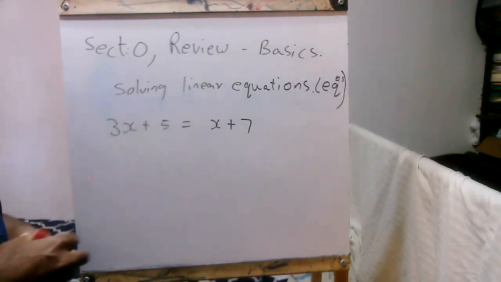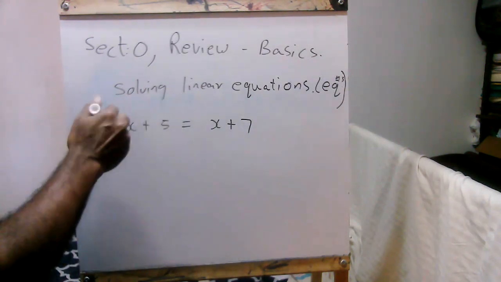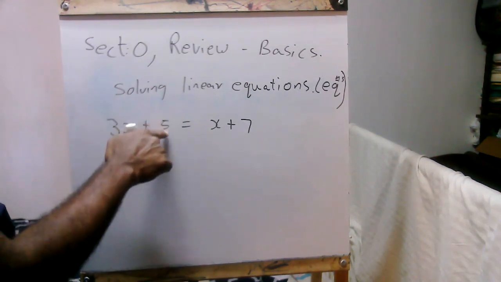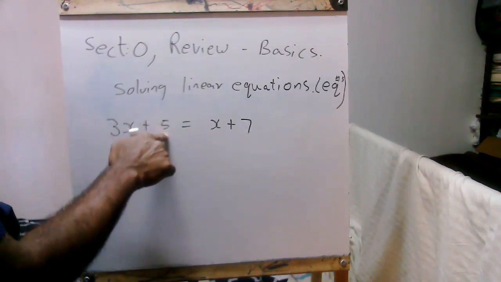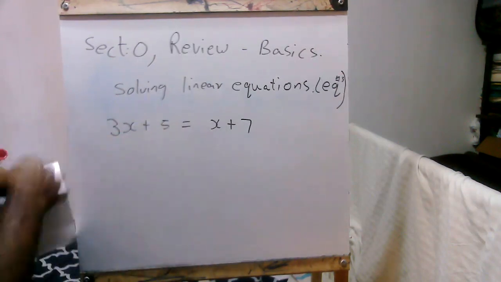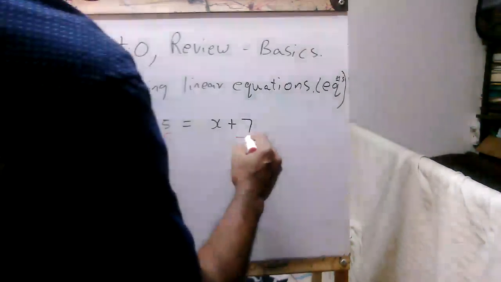We want to move x terms to the left, so we keep this. The number 5, we don't need it on the left side, we want to move it to the right side, therefore we minus 5 on both sides.